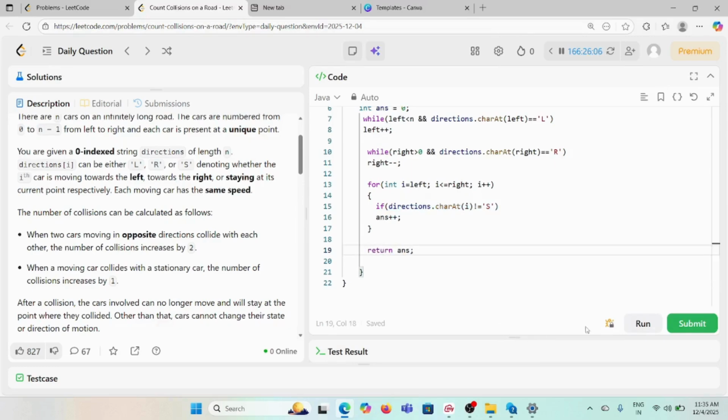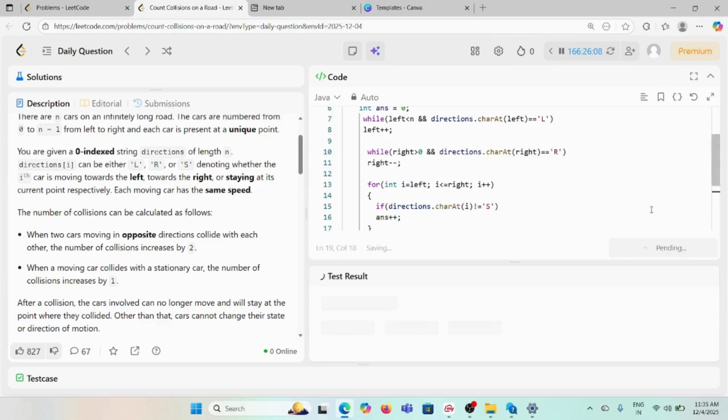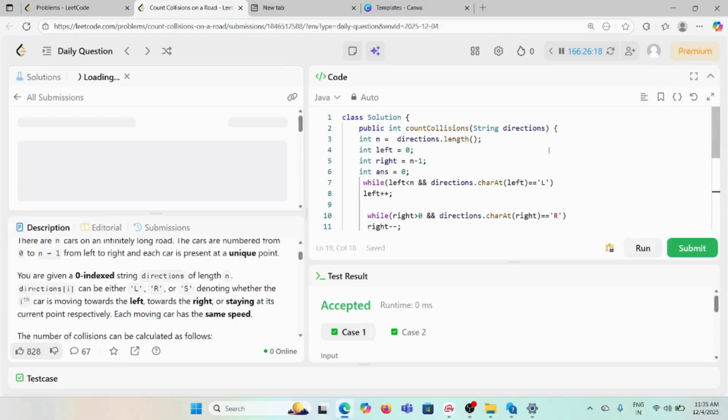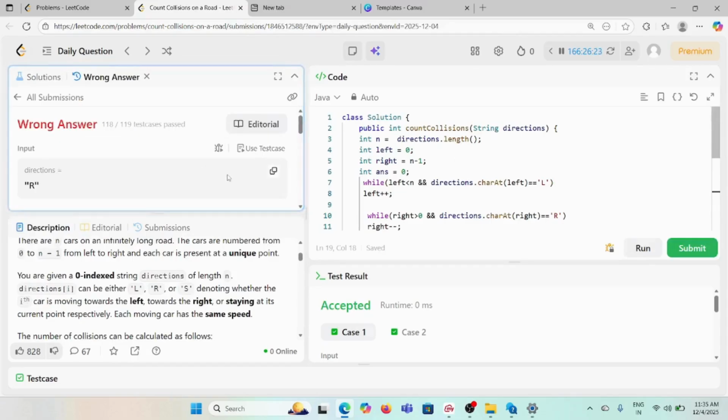So let me execute this code. I'm executing the code, yeah, and let me try to submit it. Let us see what it gives. Okay, there is one wrong answer.